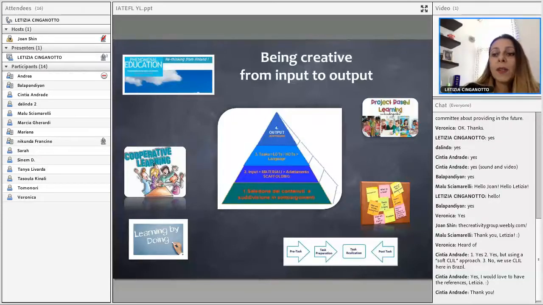And so till the final stage, which is the output, the students' output, which of course must be comprehensible as well. And you can use a wide range of strategies, and you can see here, for example, learning by doing, which is essential.